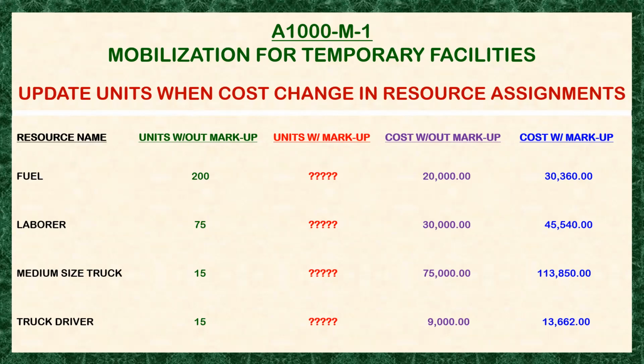Okay, we will rerun the formula, but before that, let's review the project details and mark the checkbox Update units when cost change in the resource assignment, so that when the budgeted cost changes due to markup cost by global chains, the corresponding units will automatically be updated accordingly.